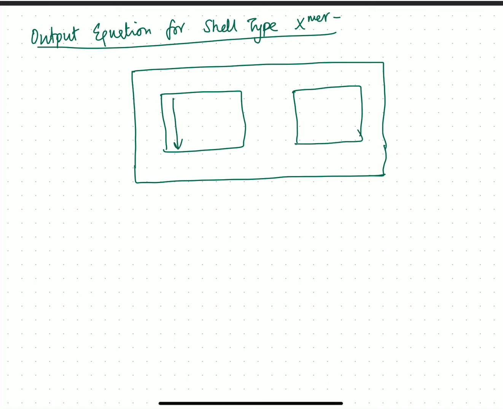This is HW, this is WW, the width of the window. Just a second, I should have made this slightly neater.